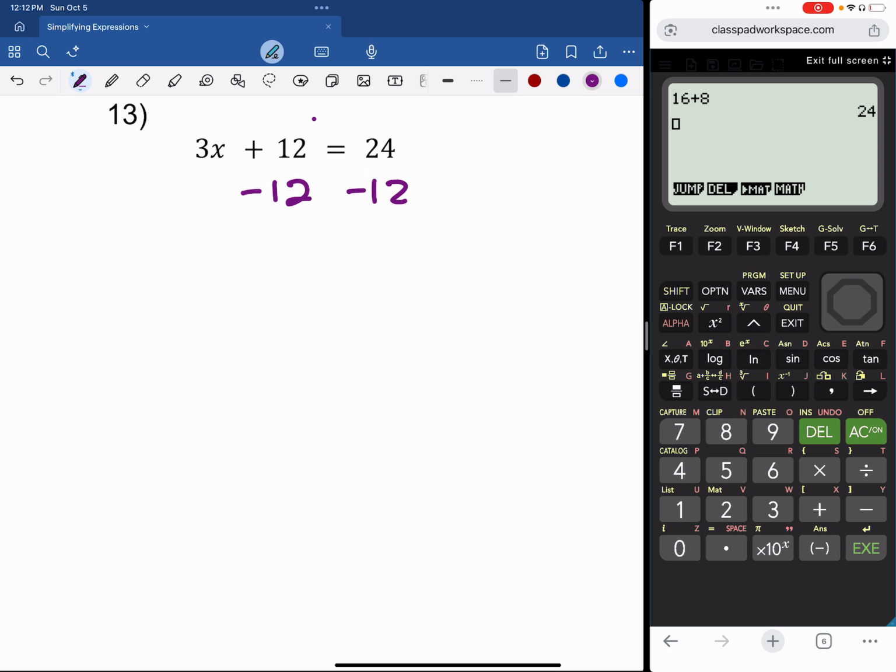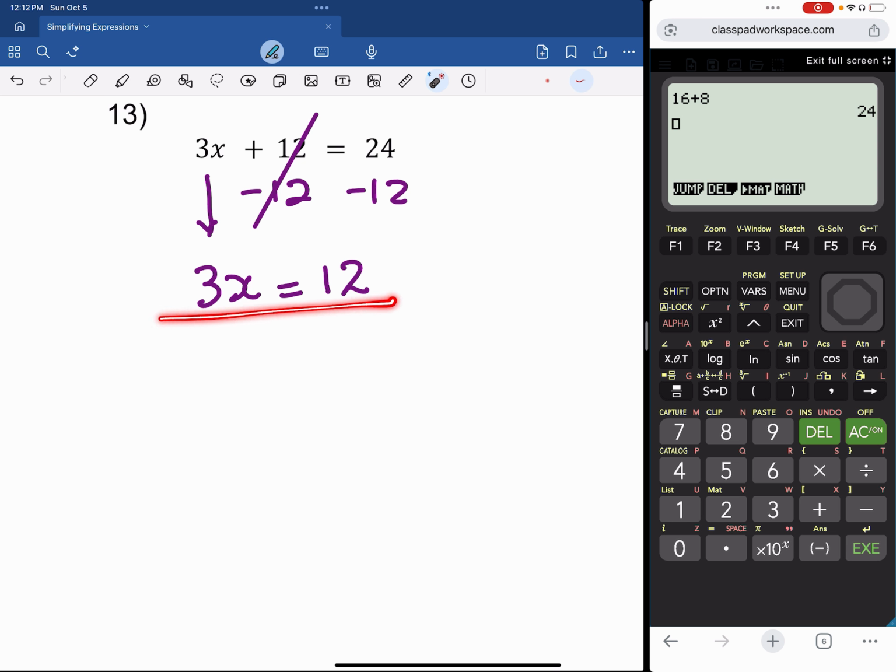Now 12 minus 12 is just going to cancel out here, and we're going to be left with 3x is equal to 24 minus 12, which is just 12. So now I have 3x is equal to 12.